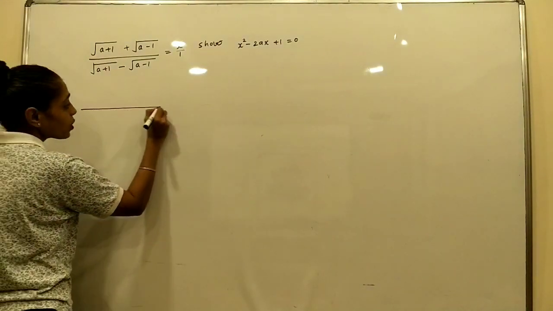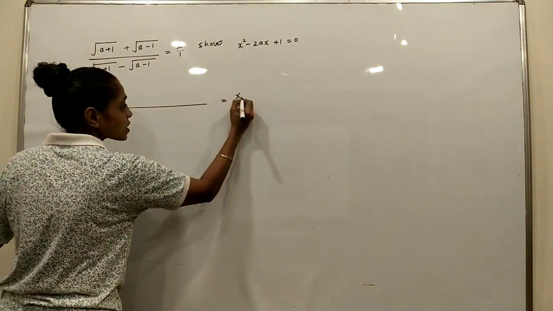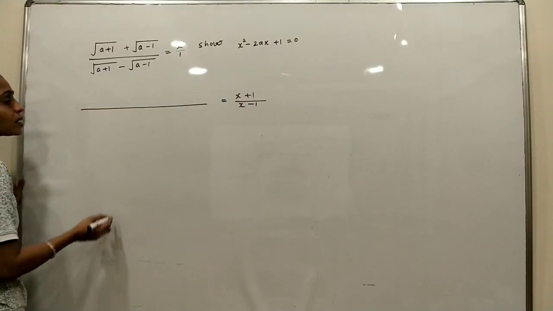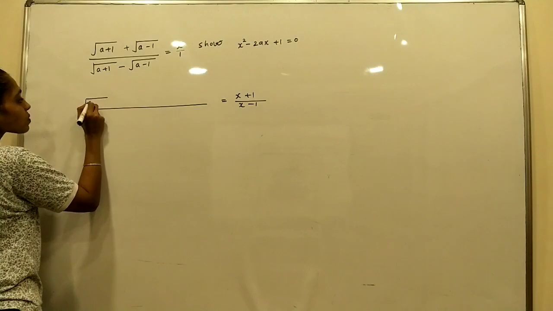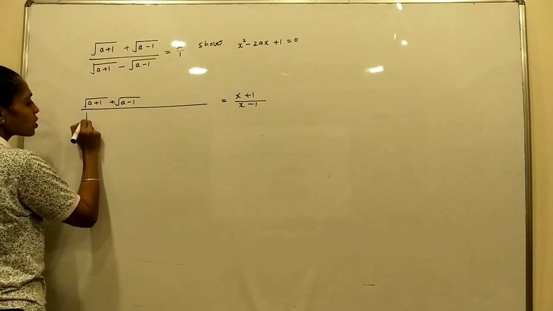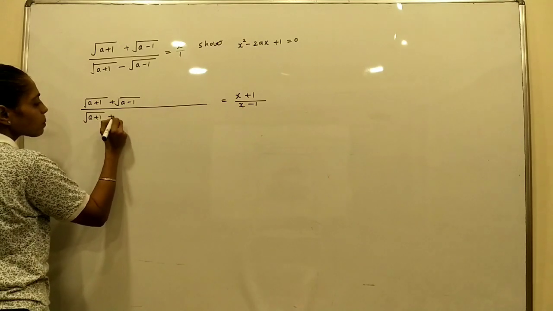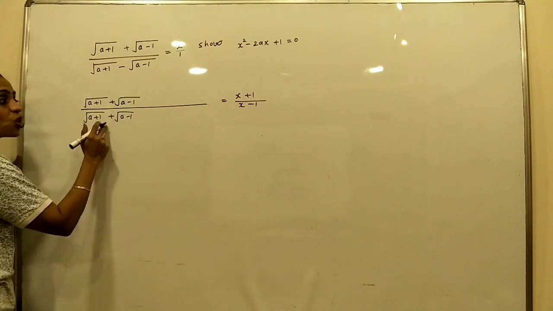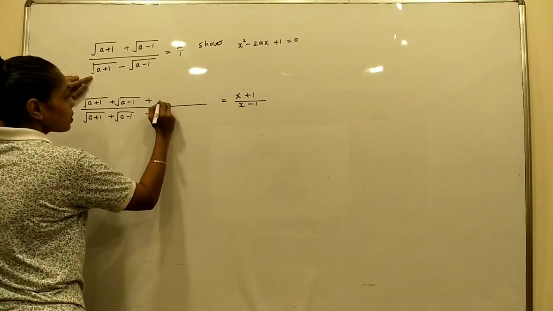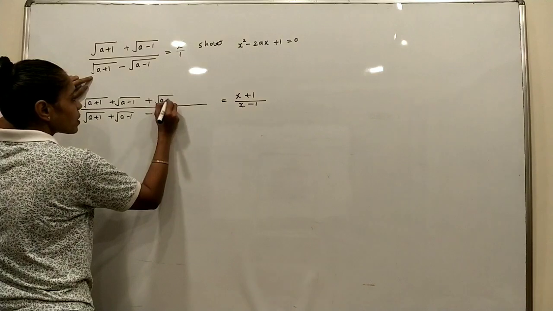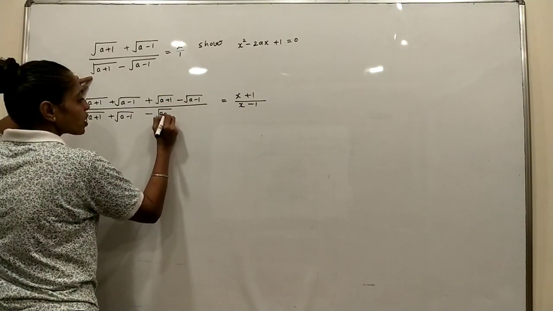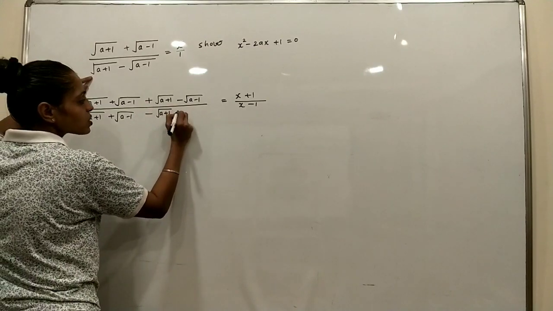Now again componendo dividendo. (x + 1)/(x - 1), got it? The numerator is root of (a + 1) + root of (a - 1), plus denominator, and the denominator is root of (a + 1) minus root of (a - 1), minus denominator.